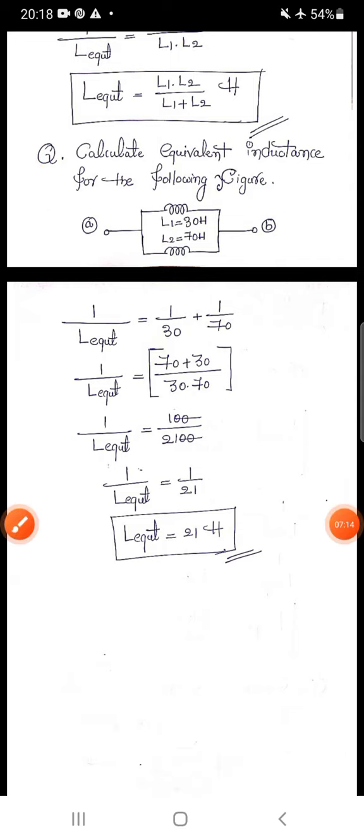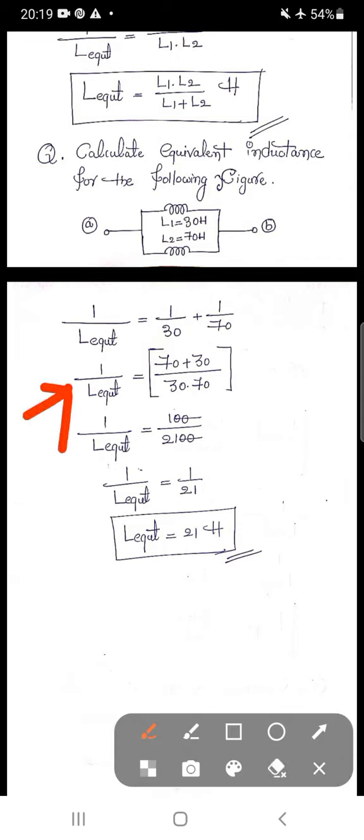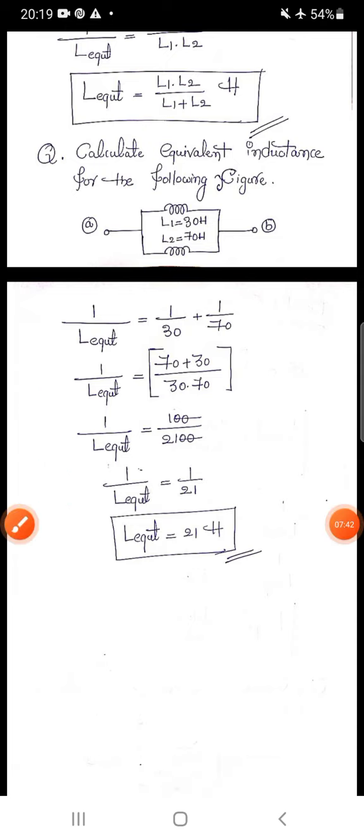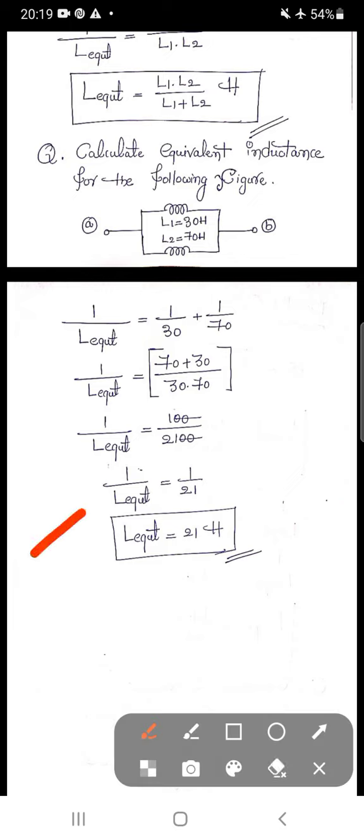By simplifying, 1 by L equivalent is equal to (70 plus 30) divided by (30 into 70). 70 plus 30 is 100, divided by 30 into 70, which is 2100. The double zeros in the numerator and denominator cancel, so 1 by L equivalent is equal to 1 by 21.